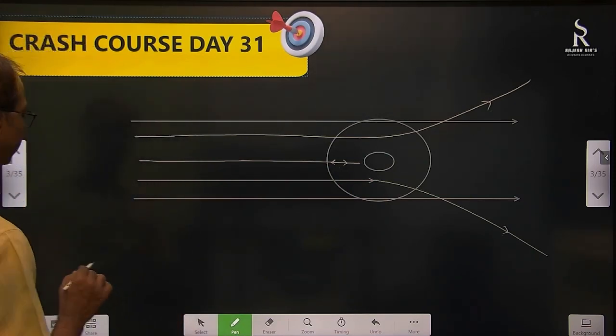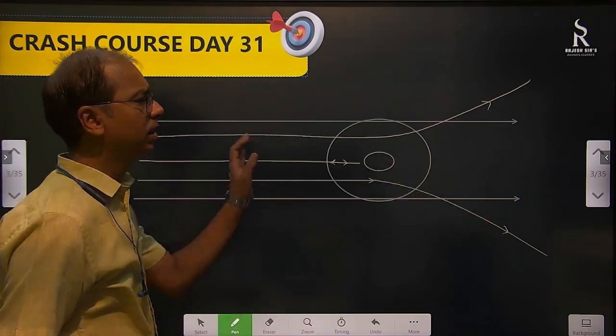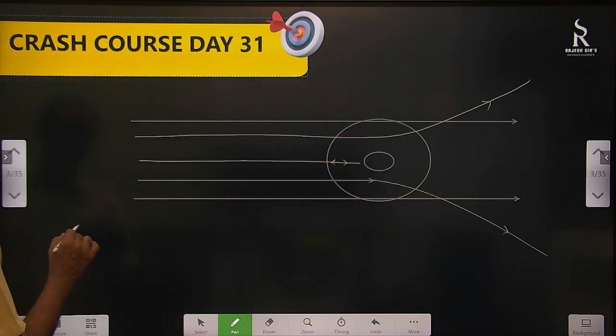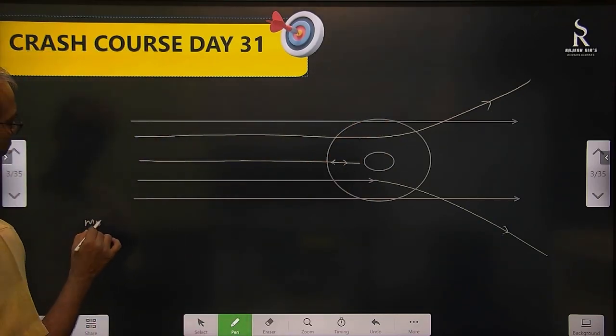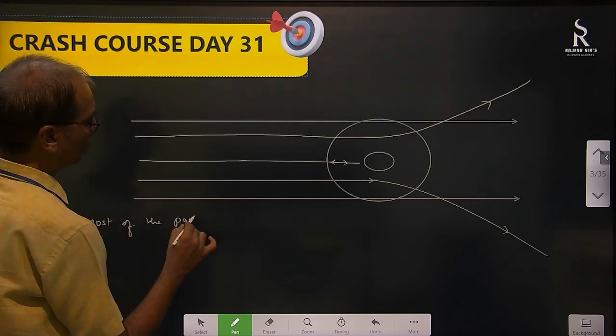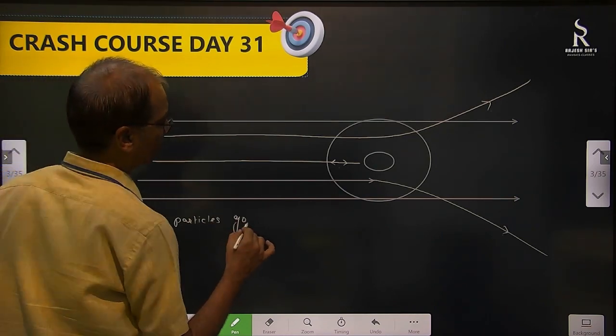So what he said is that maximum particles go undeviated. That means he said that the atom is mostly empty. Most of the particles go undeviated.